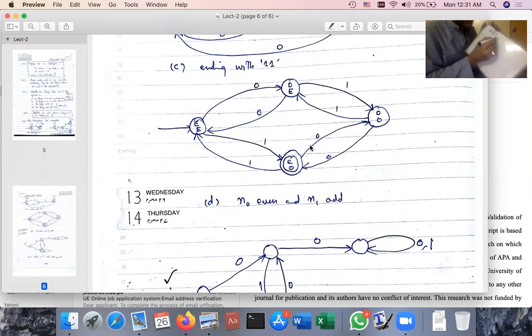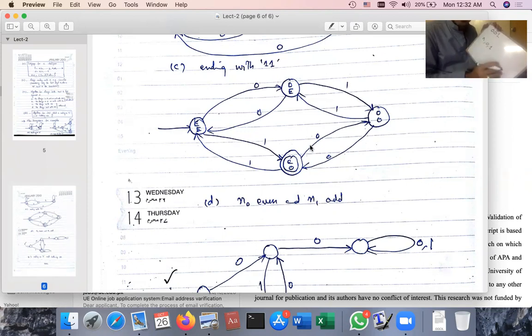So this is the minimum example, and null is not the proper, null is an illegal string for this language. Zero is an illegal string.